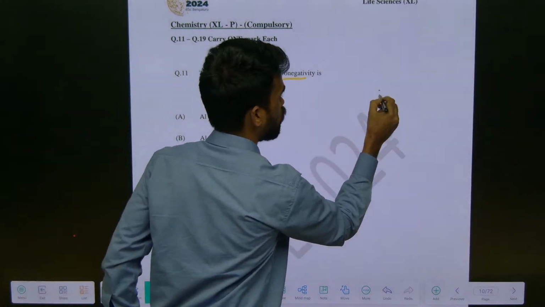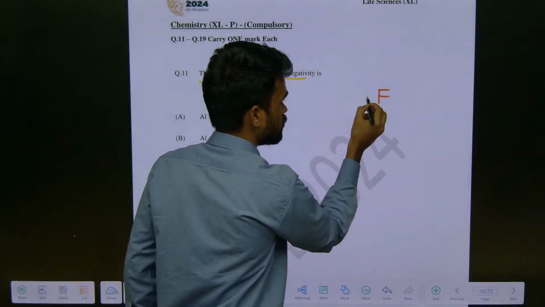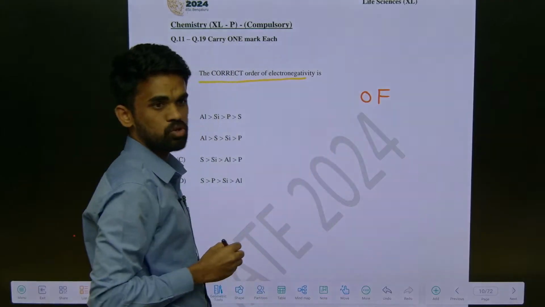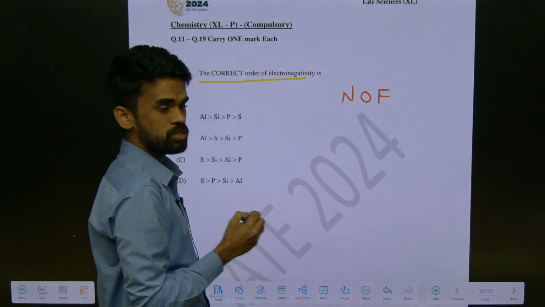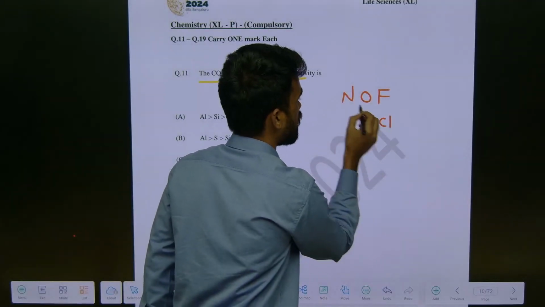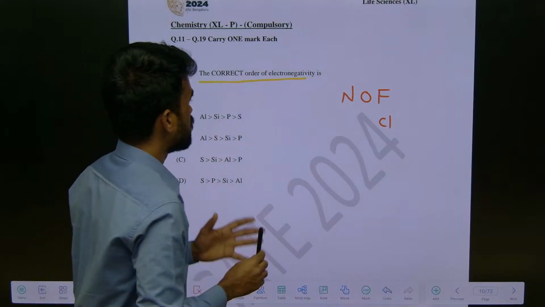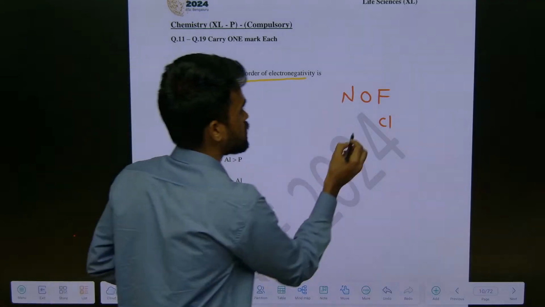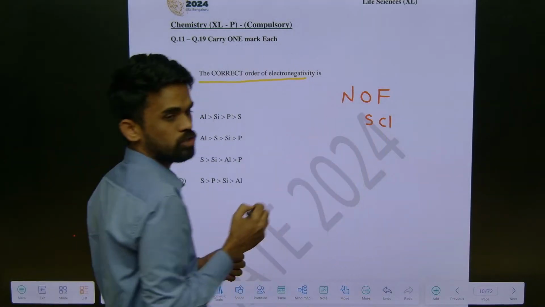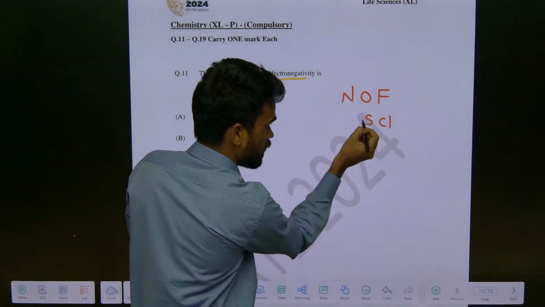We know fluorine is the most electronegative element in the periodic table, and after that oxygen is the second most electronegative element, and after that nitrogen and chlorine have almost equal electronegativity values. After this, from the elements we have here, sulfur will be the next electronegative element.